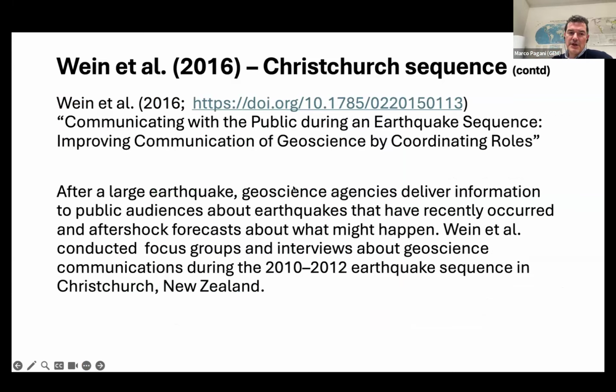And we're actually recommending that the communication is not just carried out by scientists, but that there is always an interaction between scientists and people more dedicated to communicating geoscience, because by working in a pool, you can convey a message that is more effective than the one that might come just from the scientists.